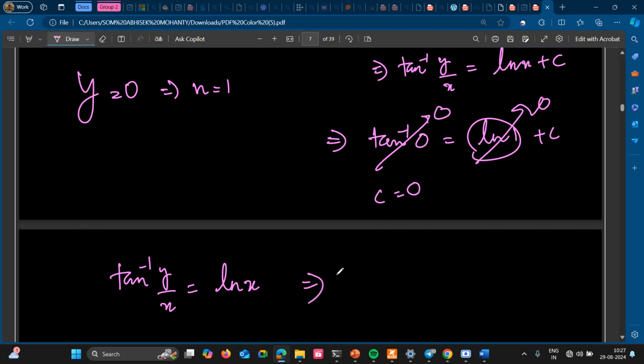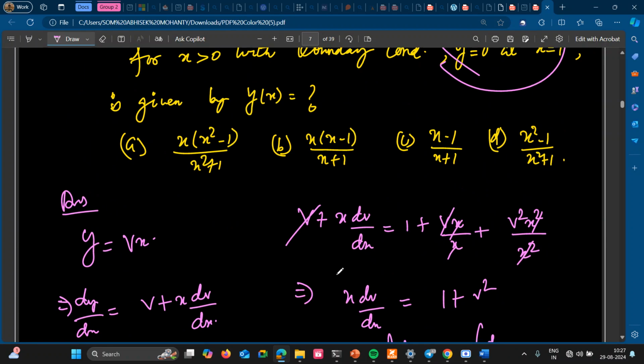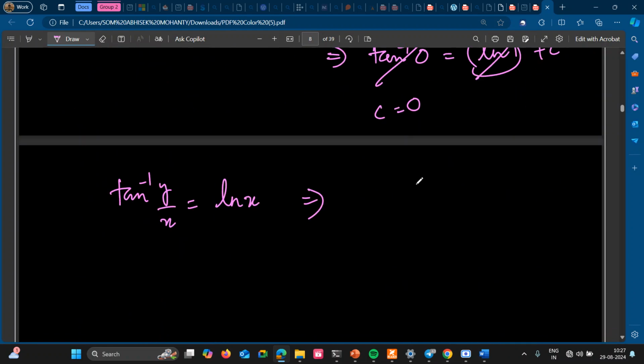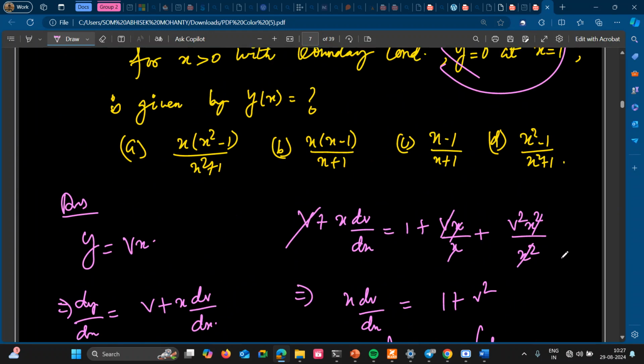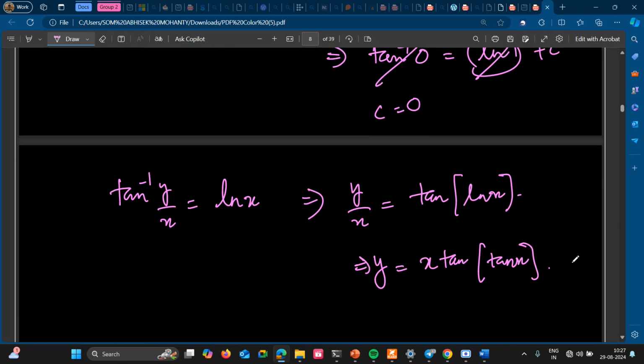We are asked for y of x, so y in terms of x. So y by x is equal to tan of ln x, and y is equal to x tan ln x. But I don't think this is in the options. Yeah, this is not an option.